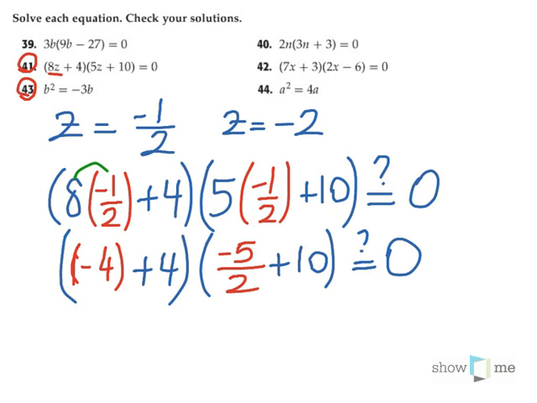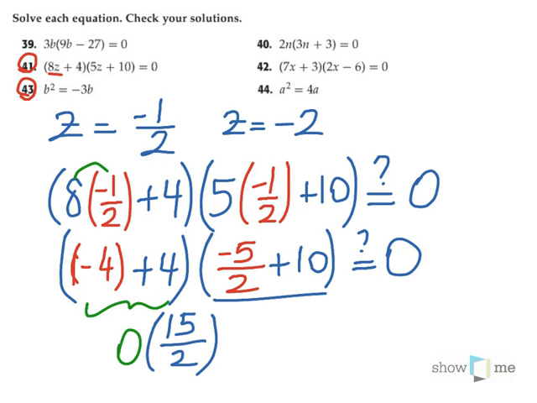So let's see. Minus 4 plus 4 in here makes 0, times, now if you do the addition here, it will be 15 over 2, this part. So this will be 0. So this answer to our solution will be correct.